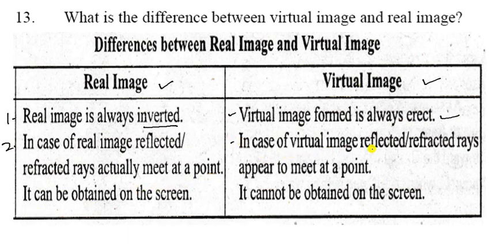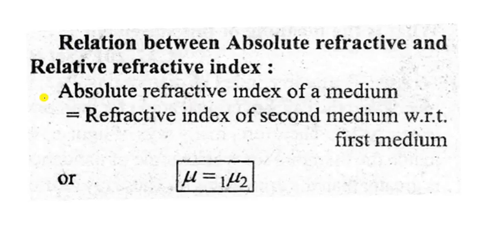The refractive index of diamond is 2.42. Explain this statement. So you can write the answer here. The refractive index of diamond is 2.42. It means that the value of critical angle for diamond is nearly 24 degrees.